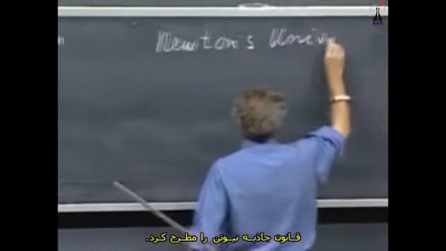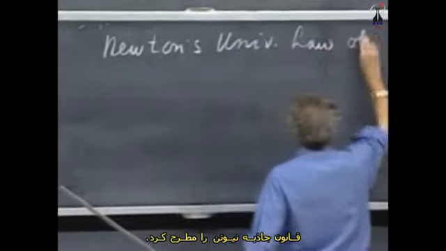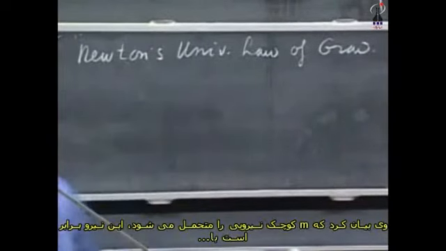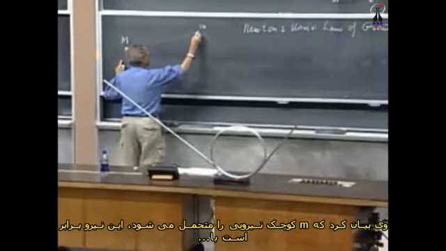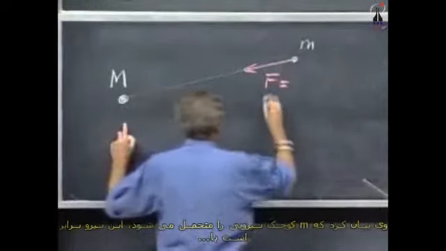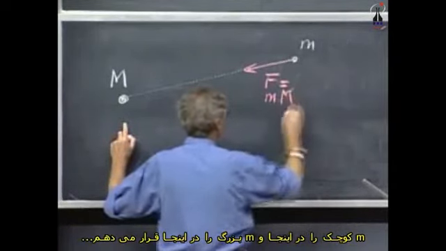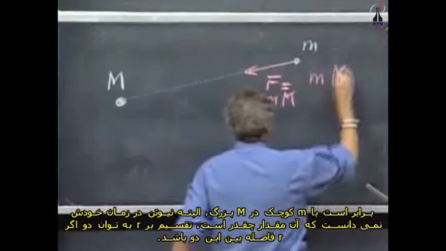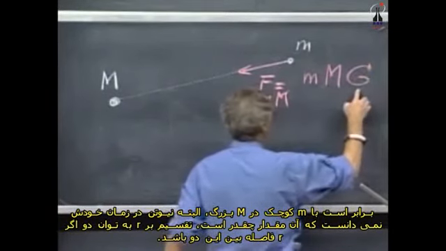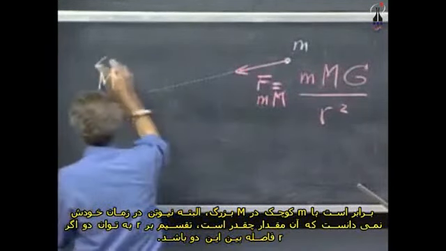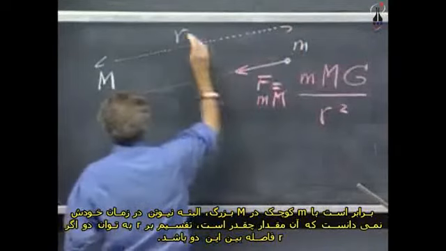He says the force that little m experiences, due to the presence of capital M, equals G times little m times capital M, where G is a constant which Newton in his days didn't know yet what that value was, divided by r squared, if r is the distance between the two.